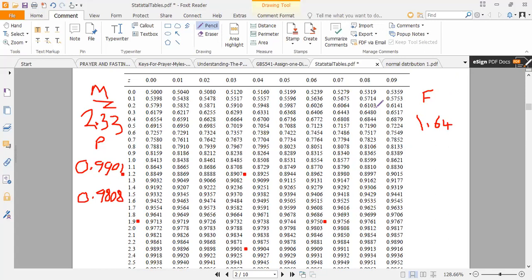What is a Z for 0.9808? Quickly, ladies, help them.